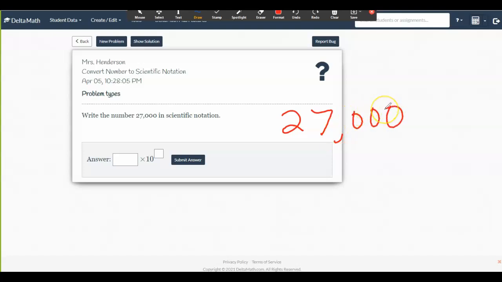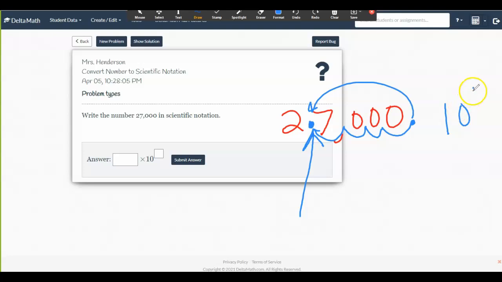27,000. Now, it doesn't have a decimal point, but it needs a decimal point right in between here. And if it doesn't have a decimal point, that means it was hiding at the end. So how does it get over to there? Well, it jumps 1, 2, 3, 4 places. So my power of 10 is going to be 4.